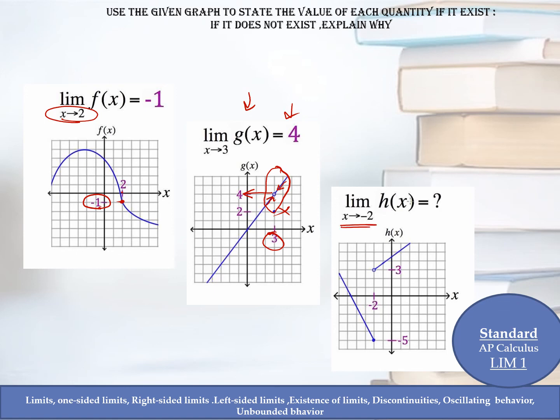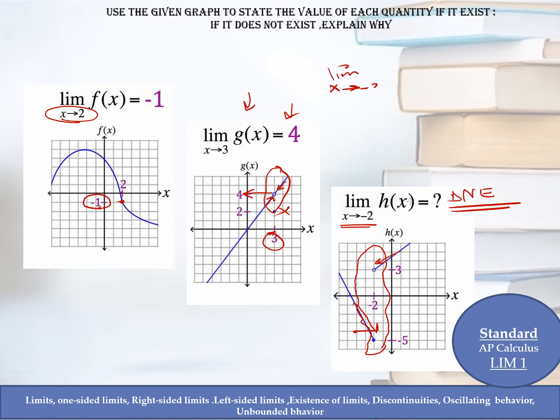Now limit x approaches -2. So for -2 you will focus on this area only. What have you seen? There is a line coming from the left and the value is -5. There is a line coming from the right and the value is -3. The lines are not joining. So of course the answer is that the limit does not exist.